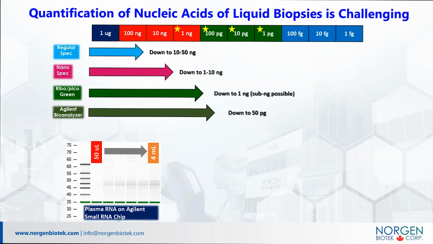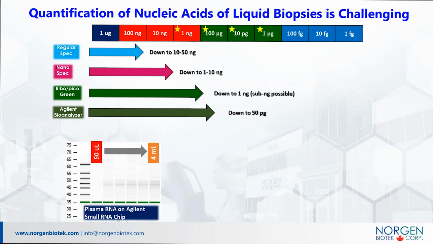If you try to use a NanoDrop or even an Agilent Bioanalyzer to measure the concentration of DNA that you have purified from 200 microliters of plasma, you're going to get maybe 10 picogram. And then when you go to the Agilent Bioanalyzer, which has a limit of 50 picogram, you will see nothing. So you will think, I didn't isolate DNA. But actually there is DNA, but you can't quantify it because the quantification method is not optimal for measuring a concentration that is very low.